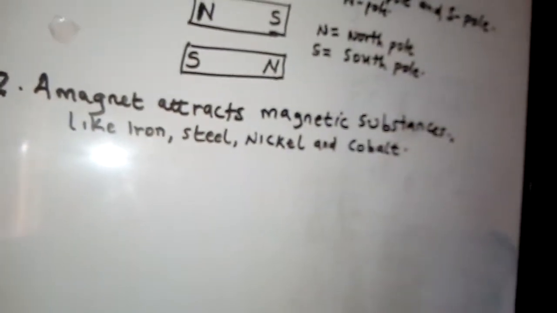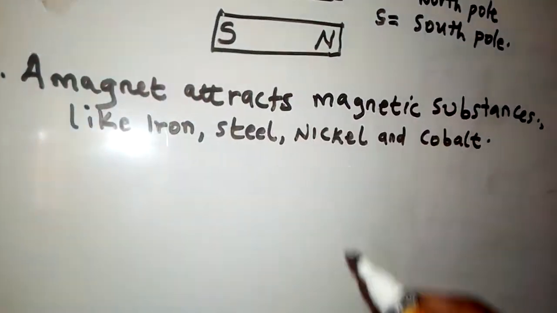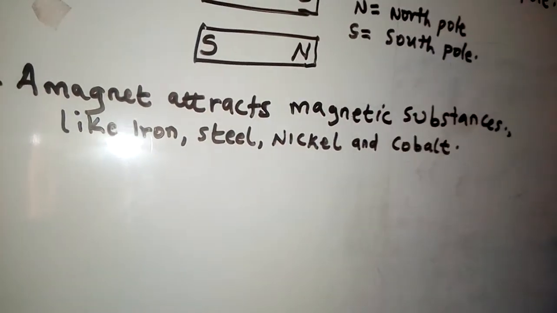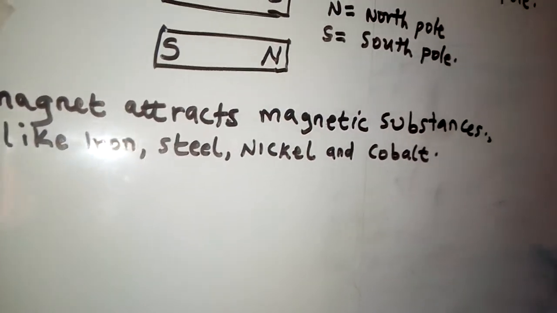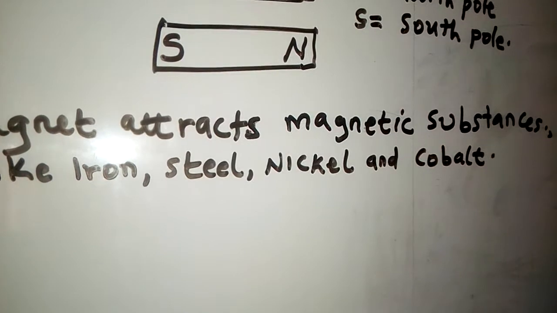You see, a magnet attracts magnetic substances. And examples of magnetic substances are iron, steel, nickel, and cobalt. Very good.